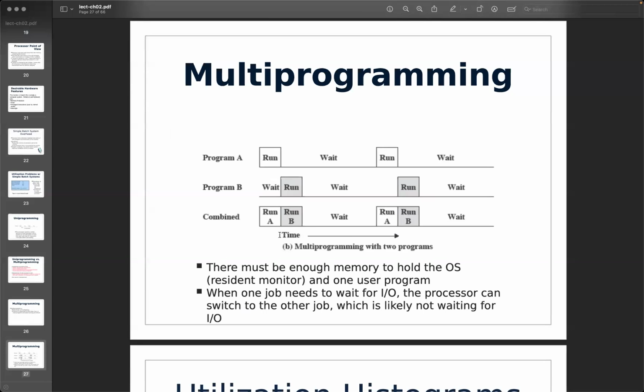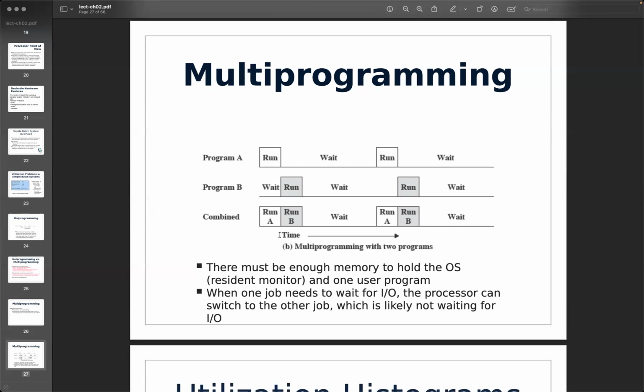If we have two programs, most of the time we execute one part of it, because we break it down into blocks or instructions. So we execute part of program A, then program B, and take turns and wait. That is how it actually works in today's OS.